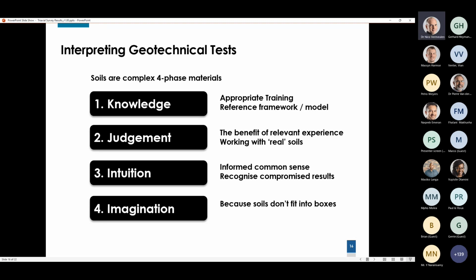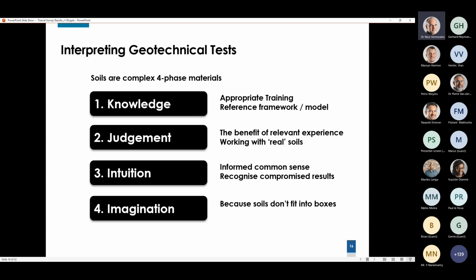Intuition, in this context, I consider to be informed common sense, and that is to be able to look at the triaxial results, the results that you receive from a laboratory, and be able to recognize that something went wrong. What you are seeing there is not an artifact of the soil behavior, but rather operator error or equipment failure or things like that.